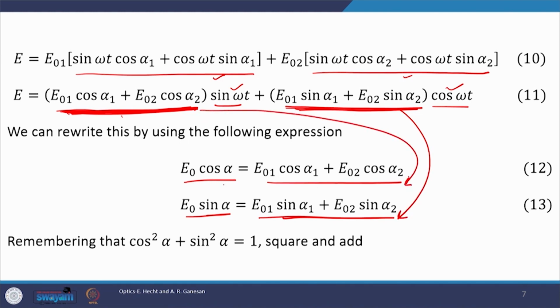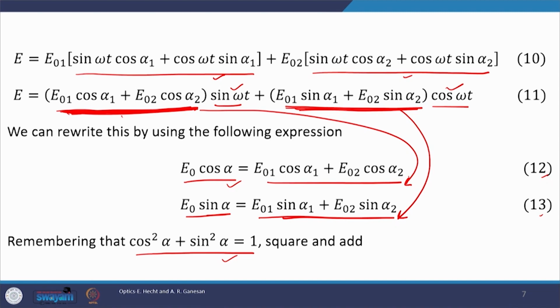Then here we introduce E naught cos alpha and E naught sin alpha and replace these big brackets in equation number 11. And we know that cos square alpha plus sin square alpha is equal to 1. This holds. If you square equations number 12 and 13 and add them up, you will see that they should satisfy this criterion.